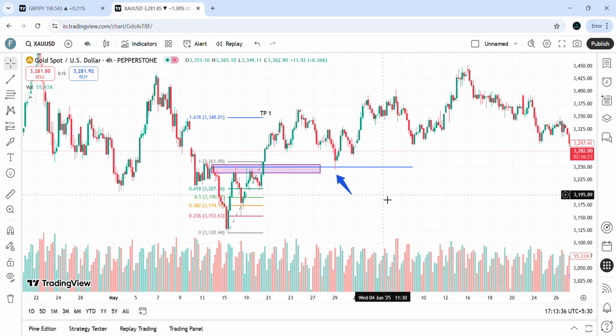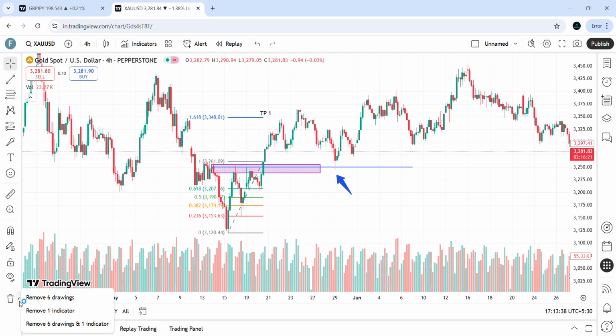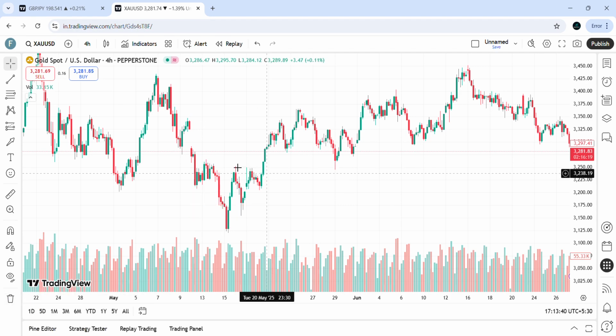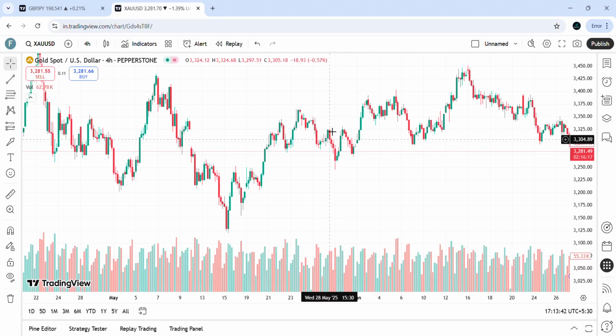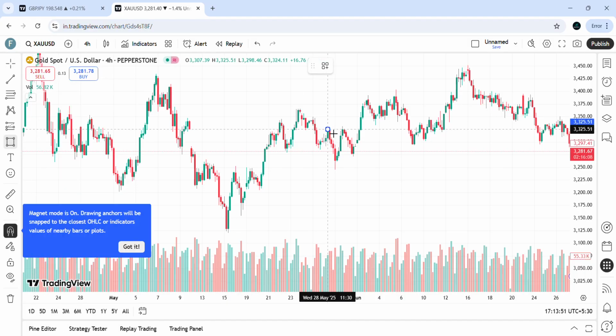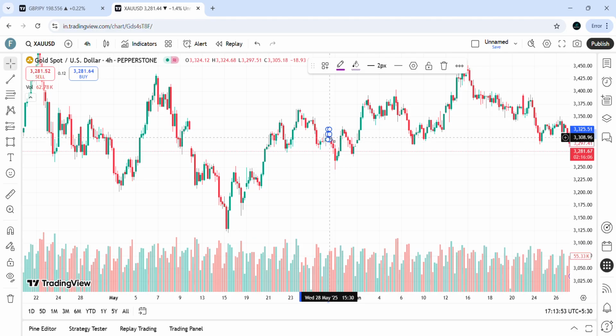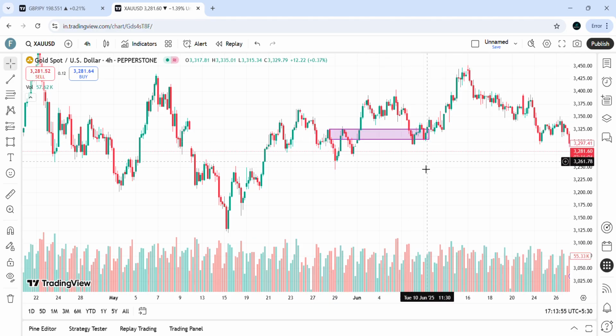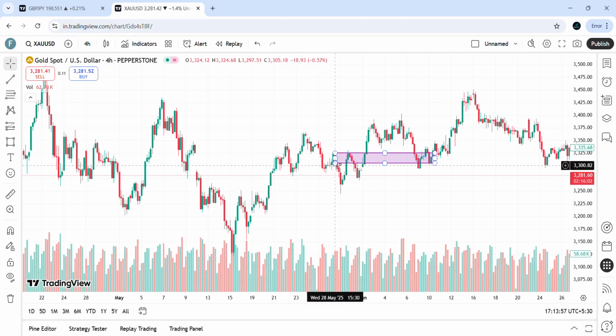If you want another example, let's just delete all this stuff. I can see another one right over here as well. As you can see, this is the last supply zone. Let's just mark this place. Sorry, it's the bullish candle.